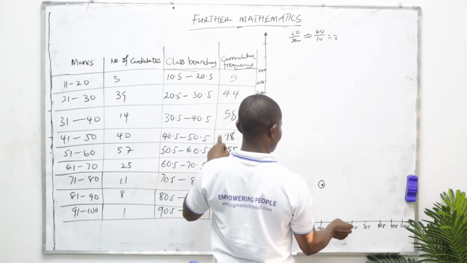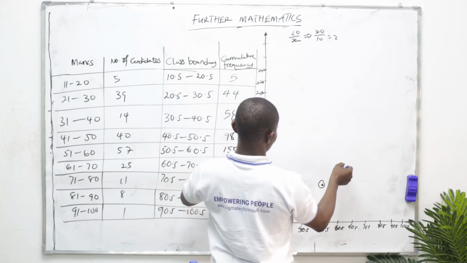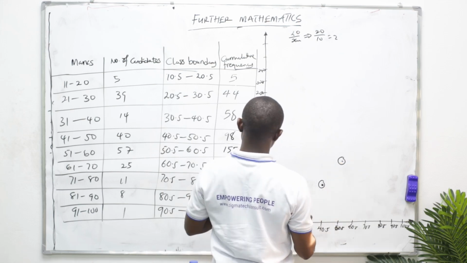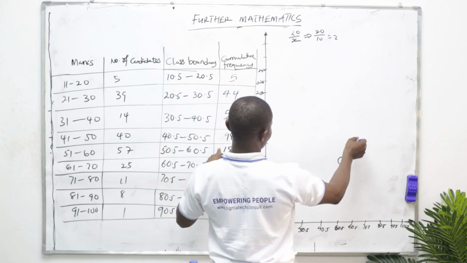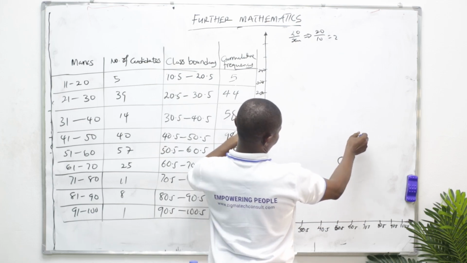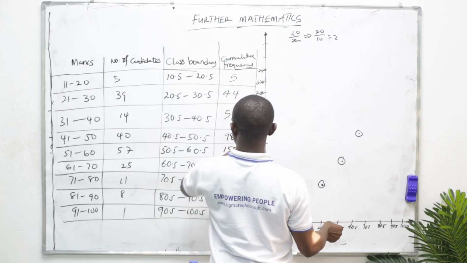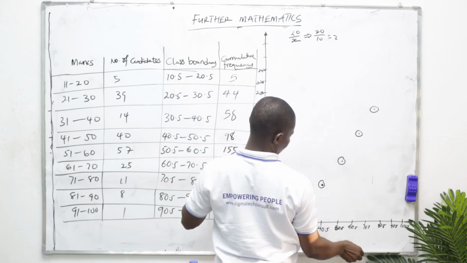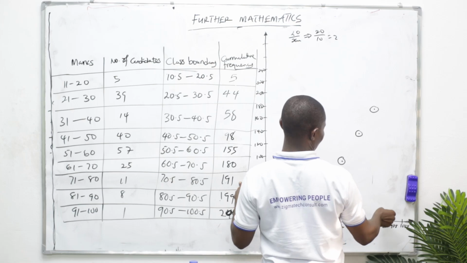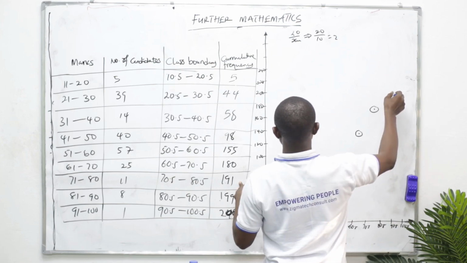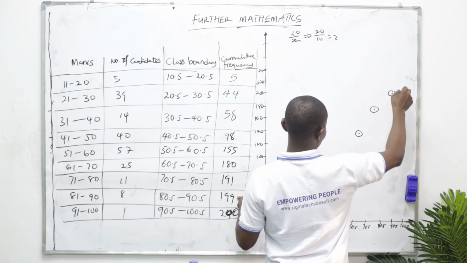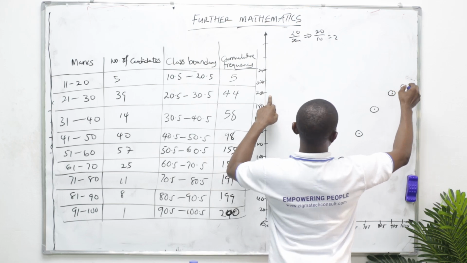Then the next is 98 under 50 point. 98 is close to 100, but not actually 100. 155, that's 60 point. 180, 70 point. 191, 80 point. That's 80.5 under 191. 199. Then 200.